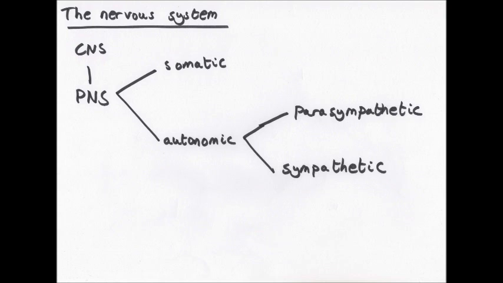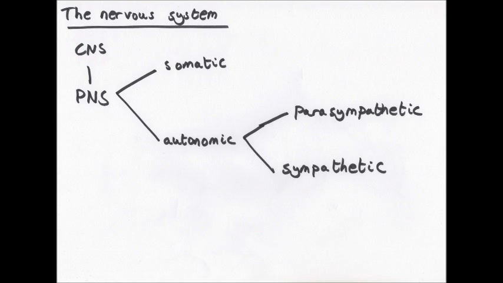Firstly, the parasympathetic. Now you need to think of these things called ganglions. These are basically groups of nerve cells, little lumps of them, and they act as relay points between neurons. Now in the parasympathetic nervous system, preganglionic neurons are very long in length because the ganglions are found within the target tissue.